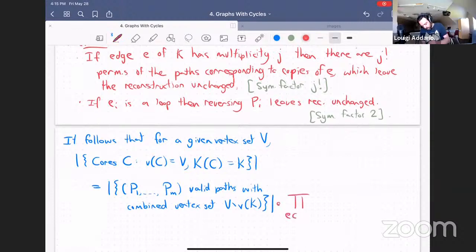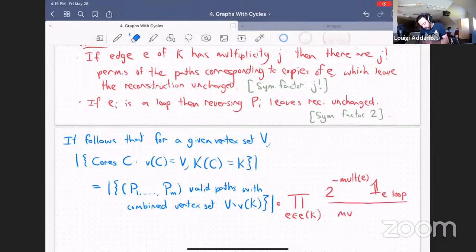So the symmetry factor had two parts. Each time we saw a loop, we had to count a half. So we have 2 to the minus multiplicity of e for each loop. And then each time we saw an edge that had multiplicity j, we got a factor j factorial. So we have multiplicity of e factorial on the bottom.